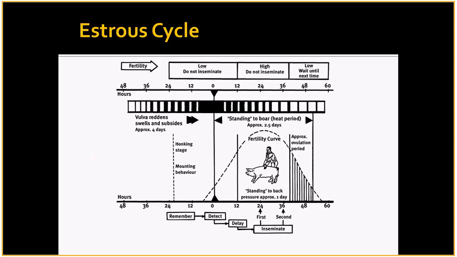The standing heat is 2.5 days in this particular diagram, and it's looking at your best time to inseminate, or your best time to breed, which almost always is when she's in a good standing heat.